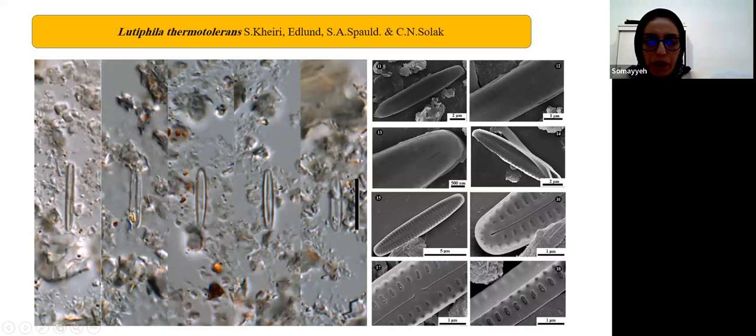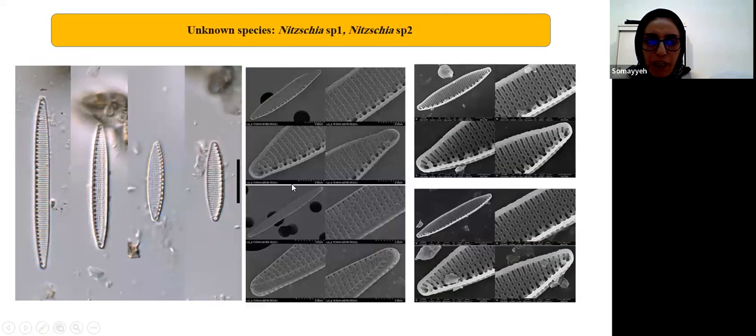And there are a lot of species that we haven't found any names that will be similar according to the database. So we say that they are unknown species that we want to, after working on them, we will describe them.